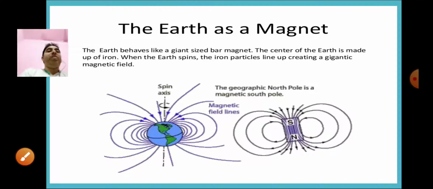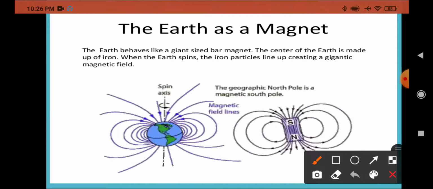Now our another topic is that the earth behaves as a magnet. We have read that a freely suspended magnetic needle always rests in the north-south direction. Why is it so? This is due to the reason that the earth itself behaves like a huge bar magnet.